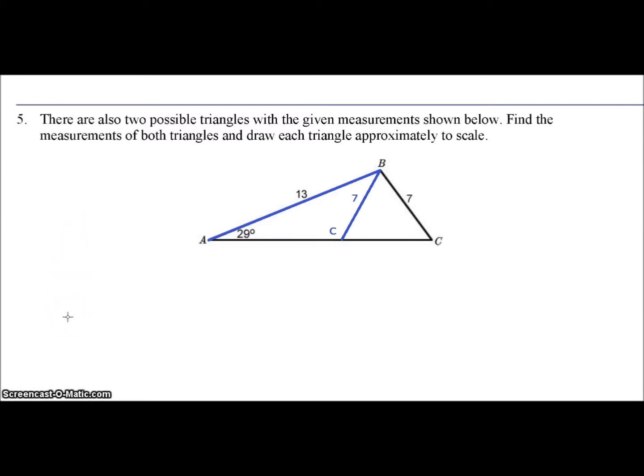It seems kind of weird, but if we're just talking about the measurements we have, meaning an angle right here of 29, this length of 13, and this length of 7, those are the only measurements that we have, then the first triangle we could have is already shown for us. But then the second one would be that blue one. Really, I should add this piece too.